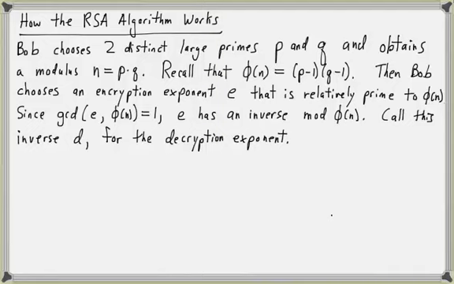Okay, so D is the multiplicative inverse of E mod phi of N. In other words, D times E will be congruent to 1 mod phi of N.